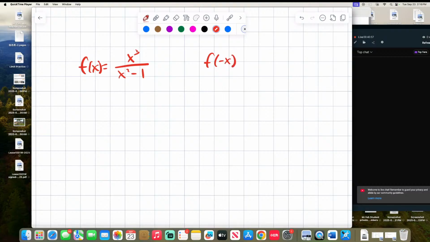Basically, if f of negative x is equal to the original f of x, then this is called even. So this is a test for an even function. And if I plug in negative x and it gives you the opposite of the original function, then that's called an odd function.